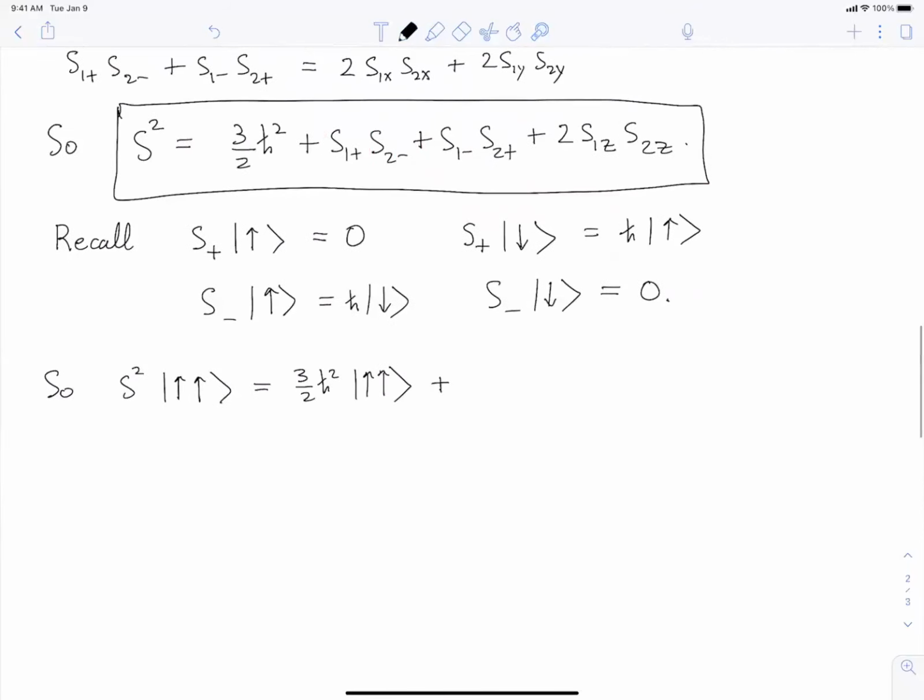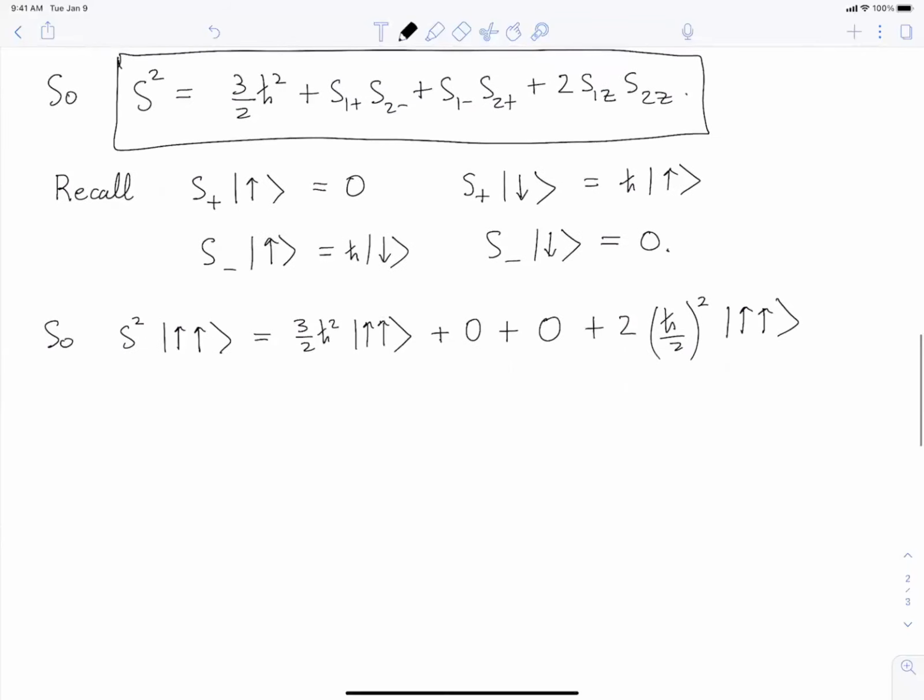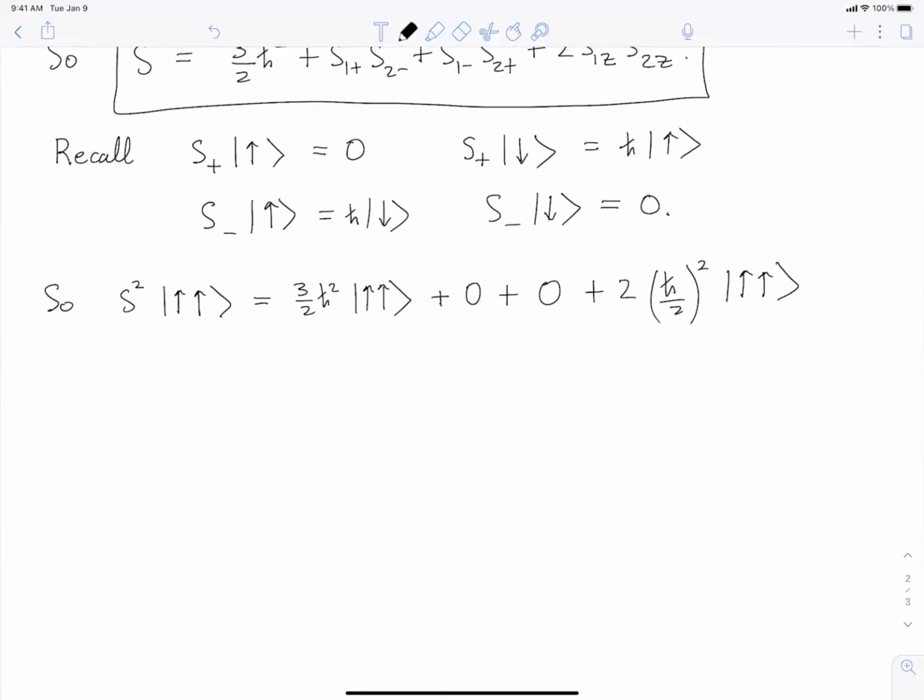So those terms both give 0. And then finally we have this last term, which is going to give 2 times h bar over 2 twice, one for S1z and the other for S2z, acting on the state up arrow. And so that's 3/2 plus 1/2 times h bar squared, which is 2 h bar squared up arrow.